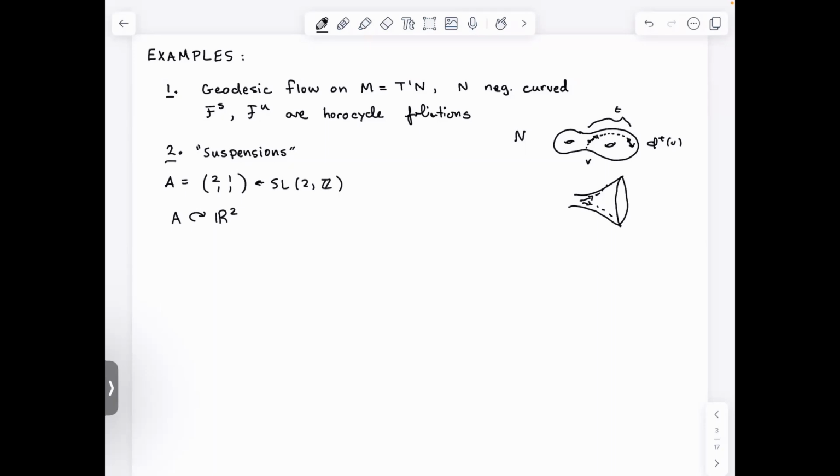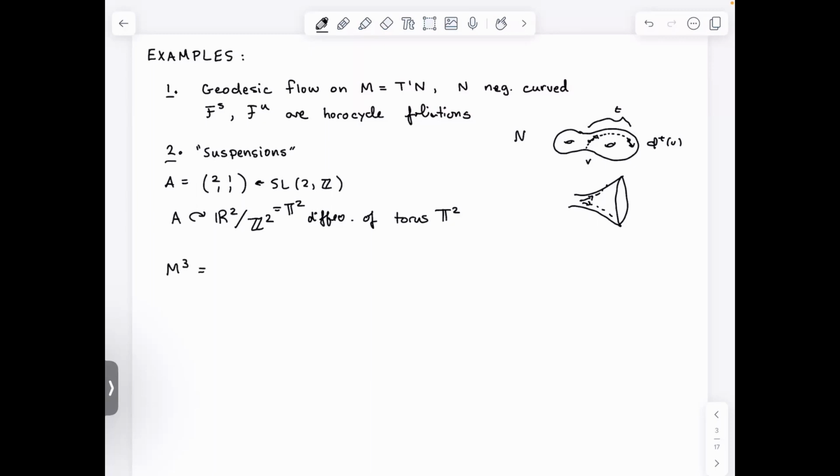So it descends to a map on the torus by quotient by integer translations. Okay, so I can think of this as a diffeomorphism of the torus. And now I'll take the mapping torus of this diffeomorphism and call that my three manifold.